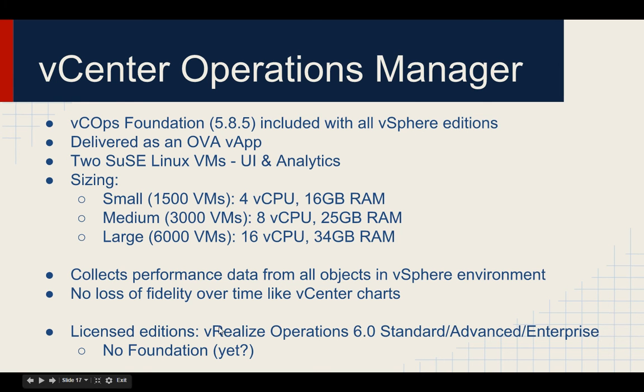Or you can buy vRealize Operations standalone on a per VM pack basis. I think it's 25 packs of VMs, and you can get that at any of the three editions. Or you also get various levels of vRealize Ops with the vCloud Suite bundles. So a bunch of different ways to get it. Foundation is included, but you're limited to the older vCOps, not vRealize.